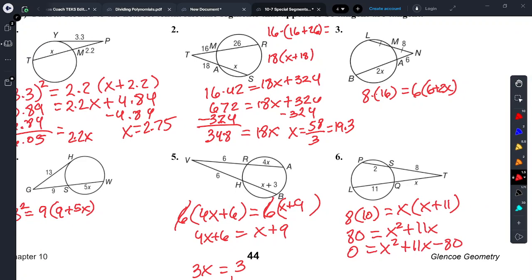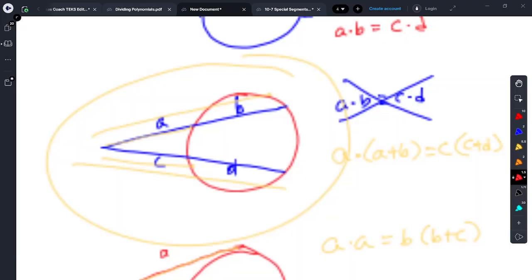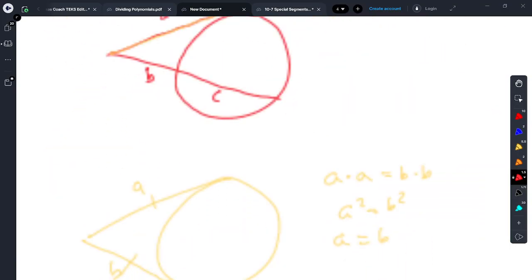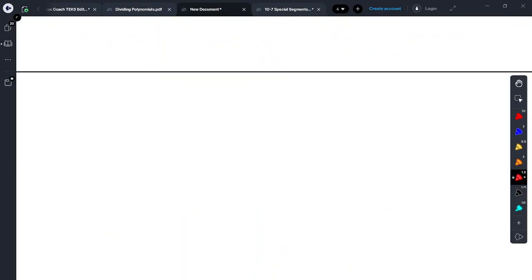Now we're down to one of those quadratics again, right? I'm going to do this on a separate sheet. X squared plus 11x minus 80 equals 0.